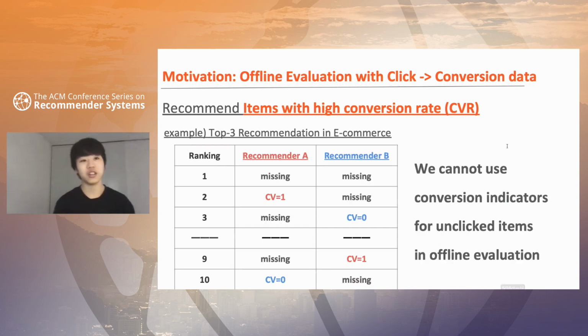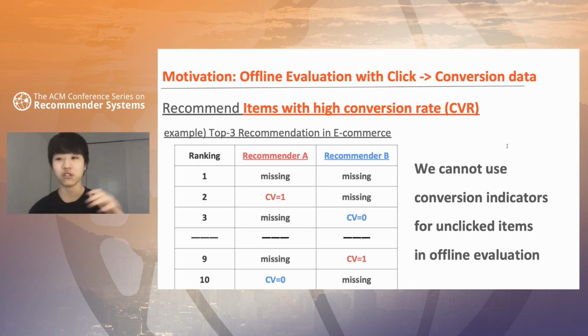But the difficulty here is that we cannot use conversion indicators for all these user-item pairs. There are many missing conversions in the recommendation list because we cannot observe the conversion indicator for a user-item pair without a click at the first stage, right? So we have to do this kind of statistical estimation, statistical inference, to do an accurate offline evaluation of the ranking performance of recommenders, right?